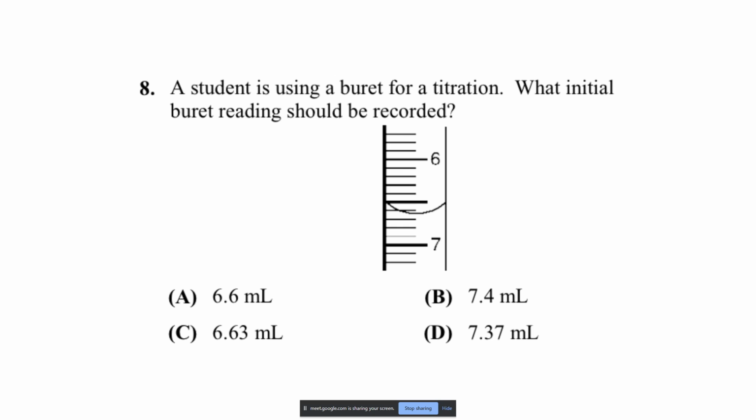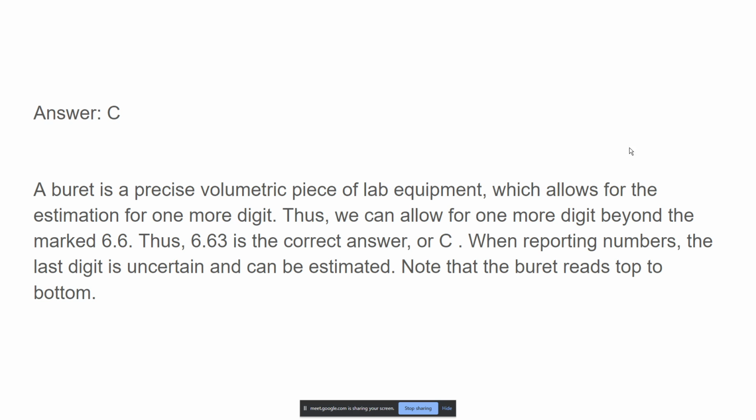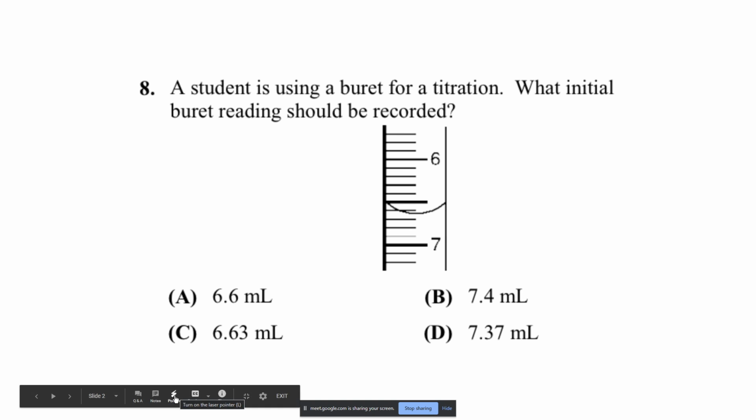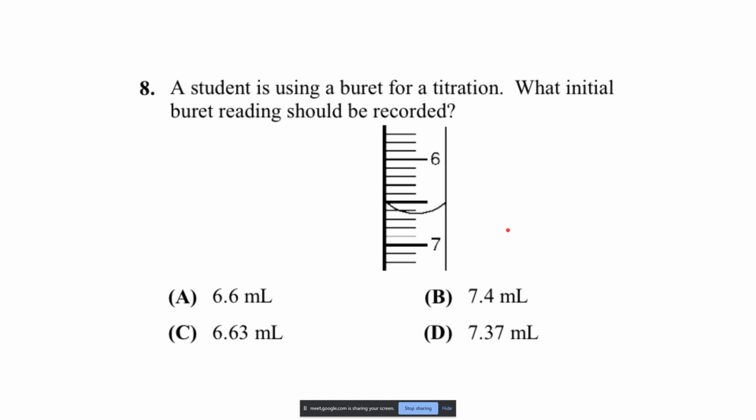Cherry, do you want me to go to the next slide? Okay, we can go to the next slide. So the answer is C for this question. Let me go back to the previous slide. How you're supposed to read this is you read the bottom of the curve.